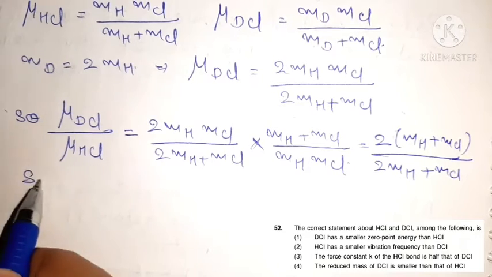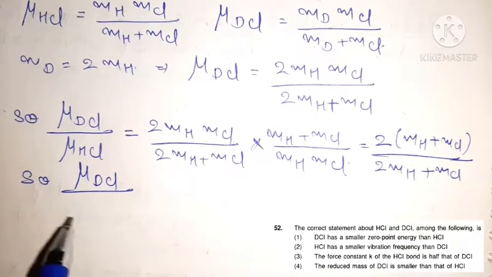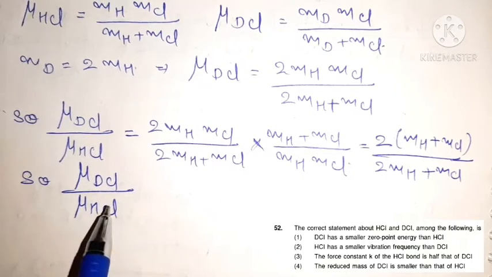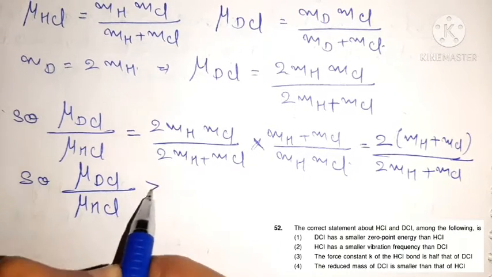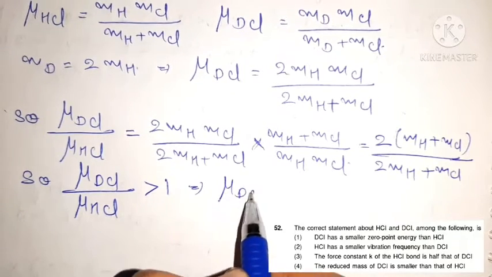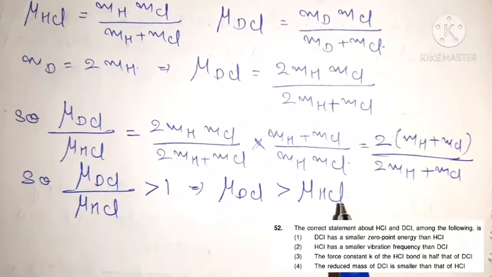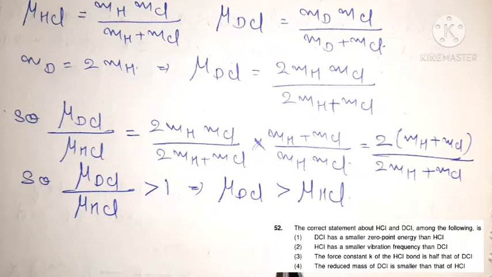So it means the value of the ratio of the reduced mass of DCl and HCl will be greater than 1. So that means your reduced mass of DCl will be greater than your reduced mass of HCl. Understand? This is the first relation.